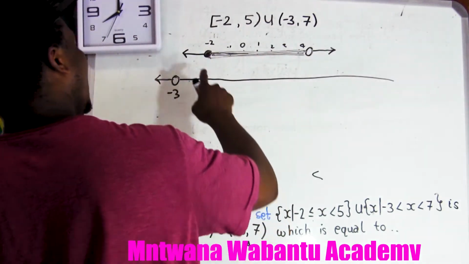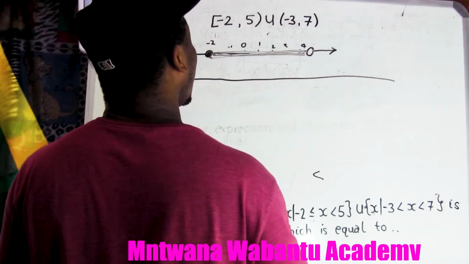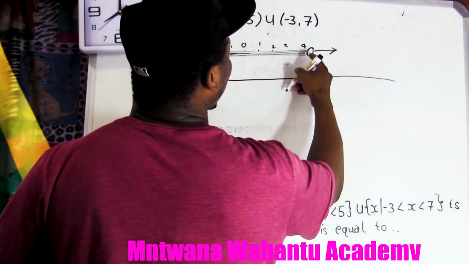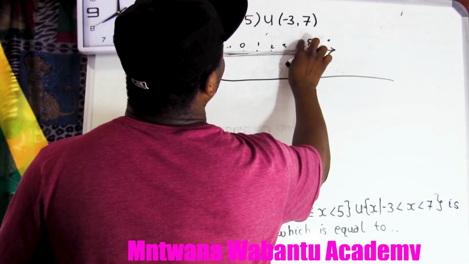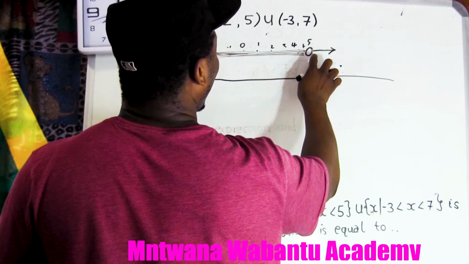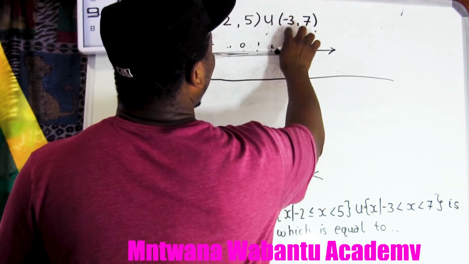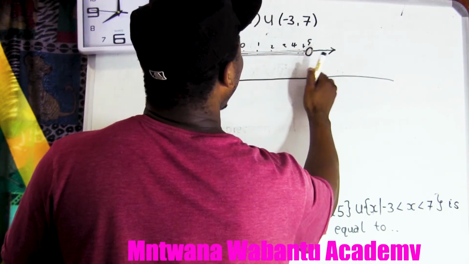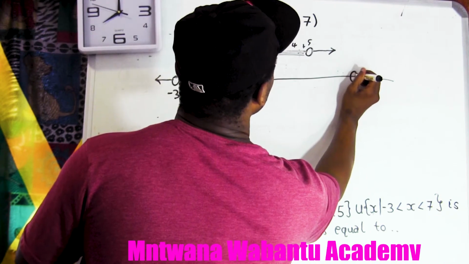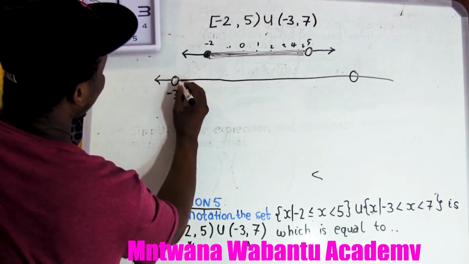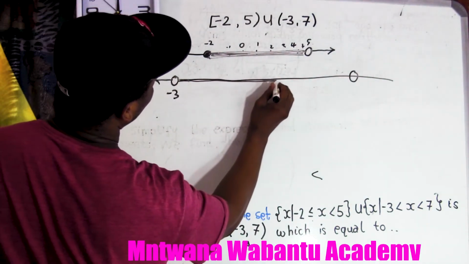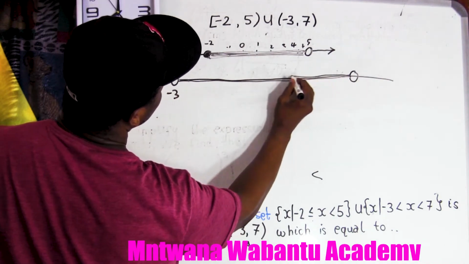Here, -3 to 7. My apologies, this was supposed to be 5. Okay, -3 to 7: 5, 6, 7, but it's excluding, so it's going to be here. This is what they say.